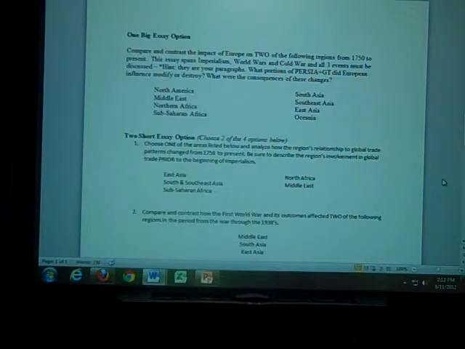So, for instance, you could pick, say, North America and the Middle East as your two regions. And so you're taking a look at the impact of Europe on these regions.